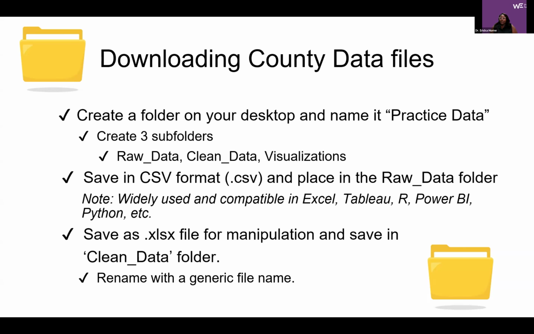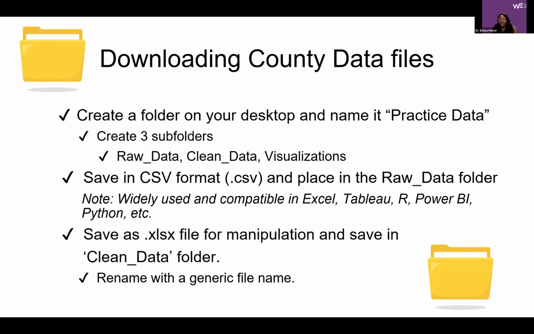Now, when I say rename with a generic file name, that is up to you, your preference, what works for you and your department. If this is a shared drive that multiple people will be using, you may want to use something common that everybody will understand, if you have a naming system. So you can name it, for example, places_county, to make it easy so you don't have to deal with the long name of the file.